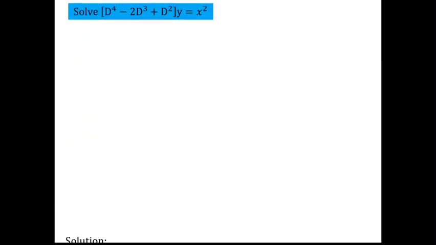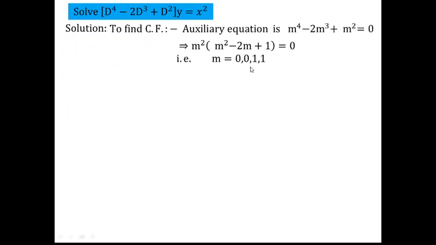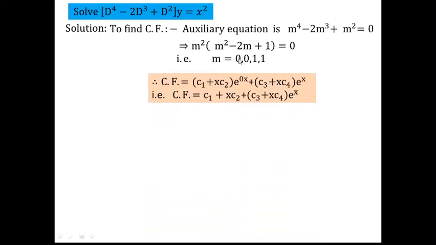Solve this example. First of all, we will find the complementary function in our usual manner. Here you will have 4 values for m. What we find here is that 2 values are repeated, and real also. So let's apply the case for real and repeated roots.